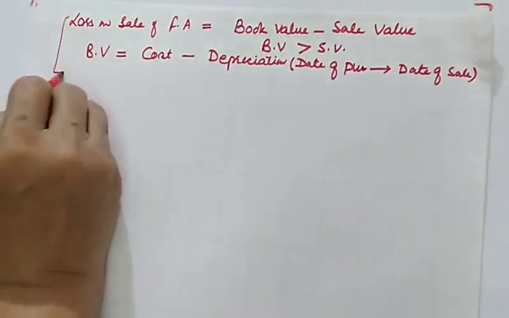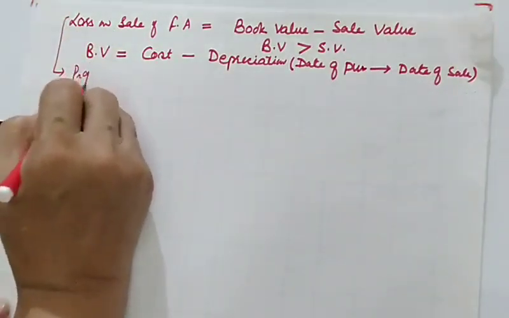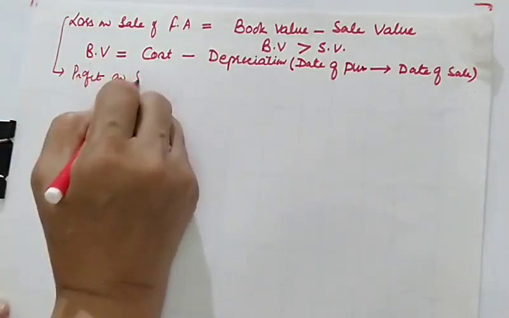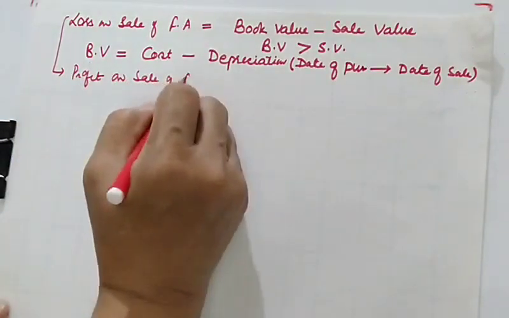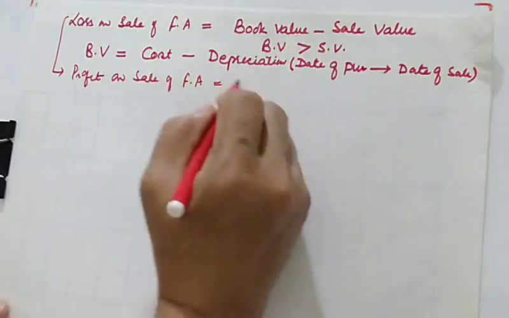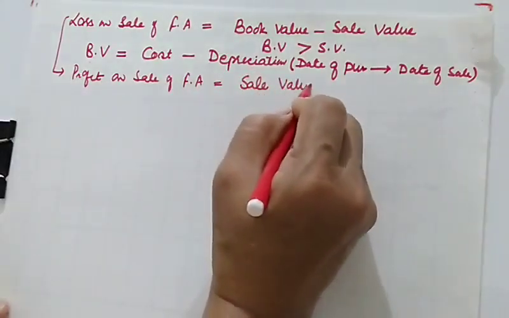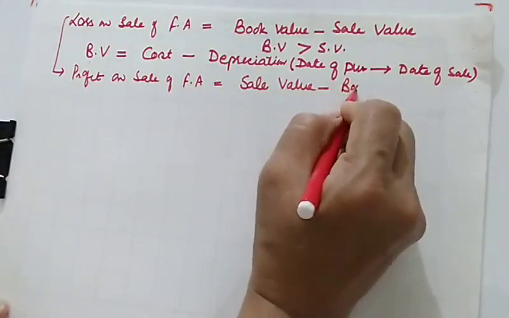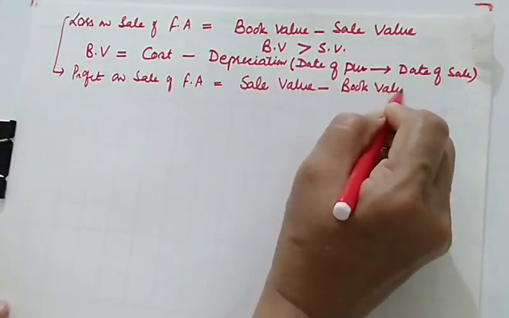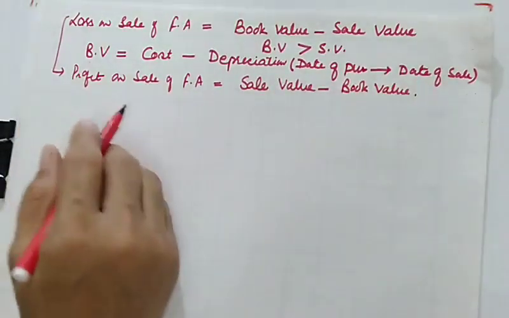And in case of profit on sale, how to calculate profit on sale of fixed asset? Just opposite, we'll apply just opposite formula here. Sale value will be more, so sale value minus book value. So this is how it is to be done.